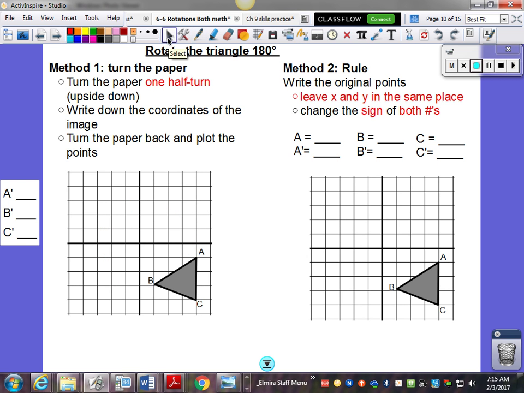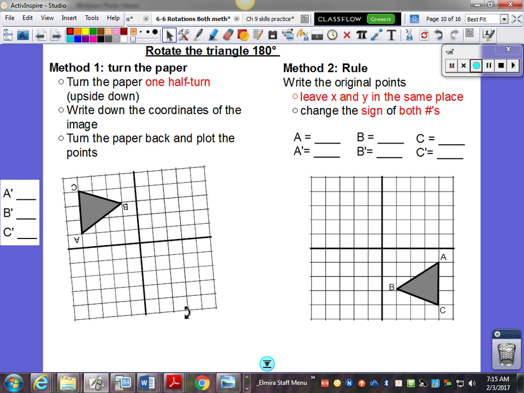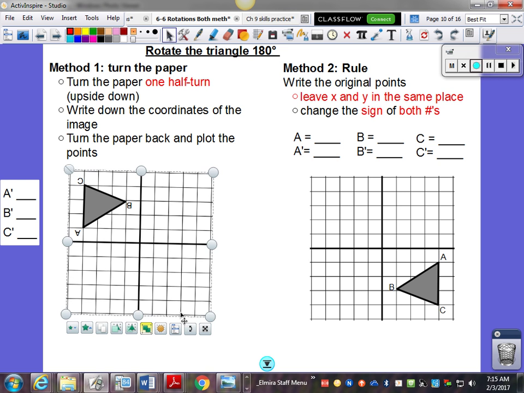Turn the paper method. 180 degrees means turn it completely upside down and record where you see the points. So A is -4, 1. B, -1, 3. And C is -4, +4.